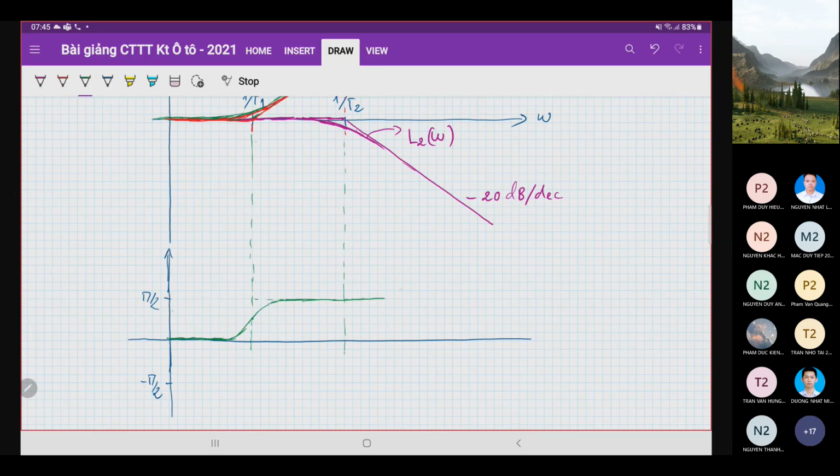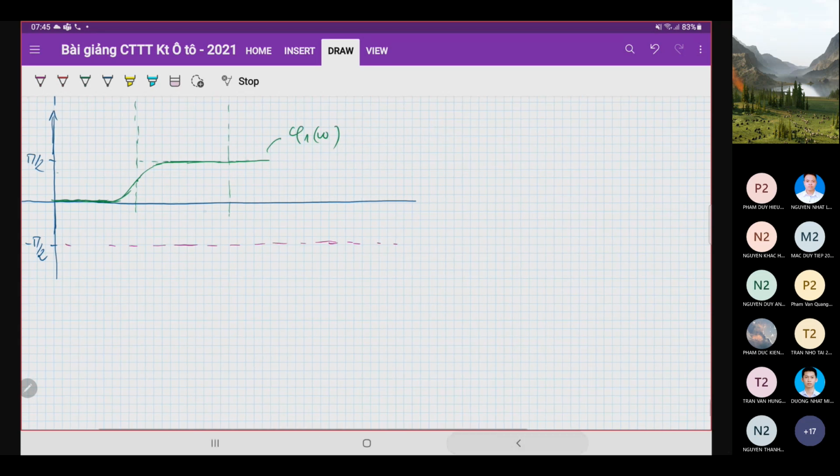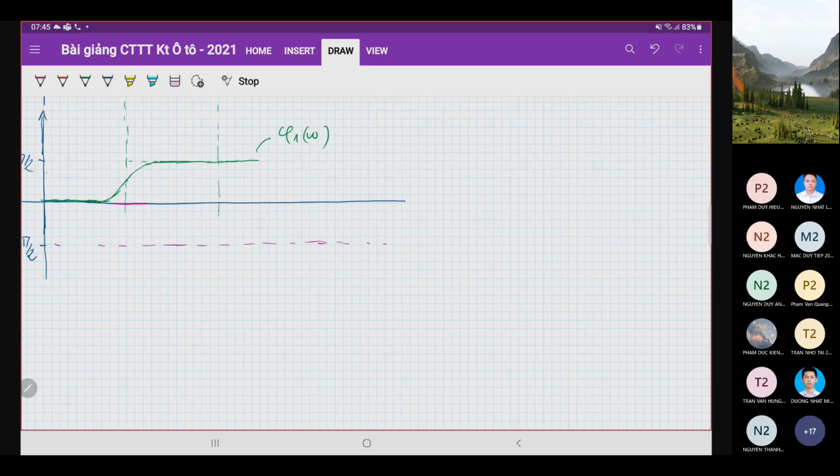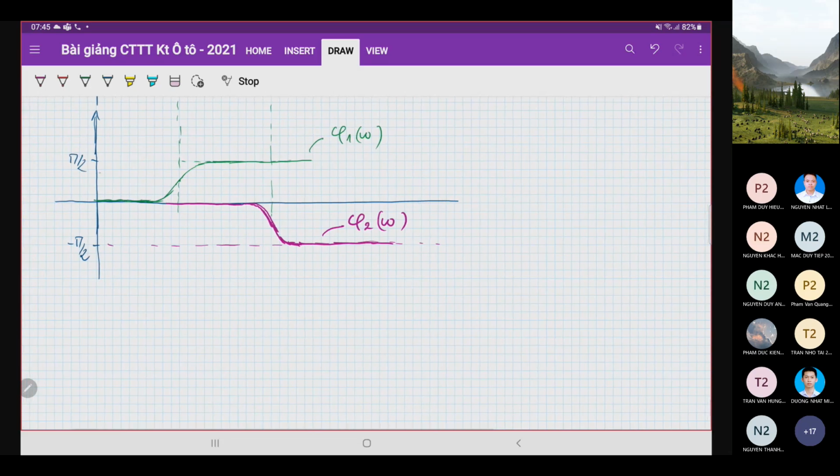Here we have phi 1 omega, and for the second one, the phase varies from 0 to minus pi over 2. That means we have the phase here, phi 2 omega.